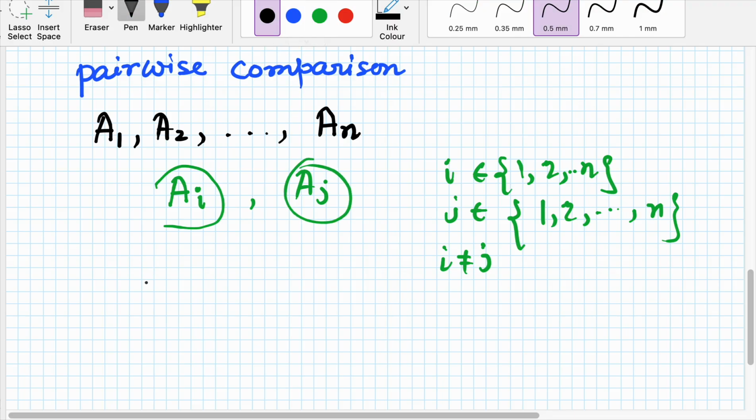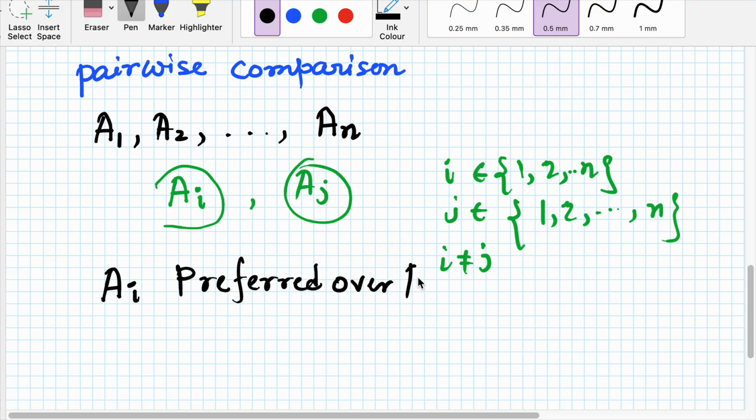So the subject will either prefer or be indifferent. Either ai is preferred over aj, which I will represent in the mathematical symbol, the curly greater than, or maybe write it in the greater than symbol.